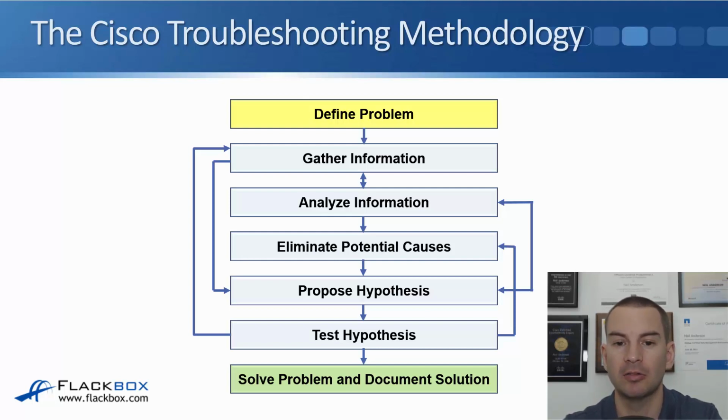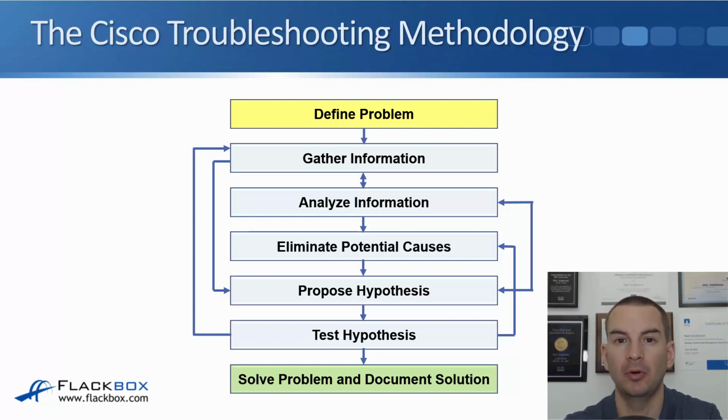Next thing to do is to analyze that information. So ask all of the relevant questions, not just asking questions of people, but also using show and debug commands on your devices to get the information. And then analyze that information and look for clues about what's causing the problem. You can then move on to eliminating potential causes.